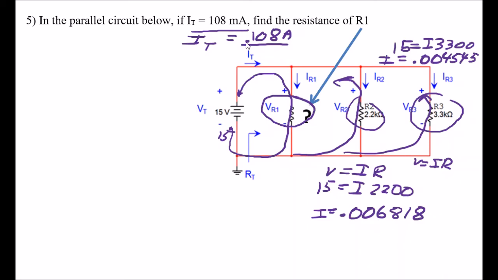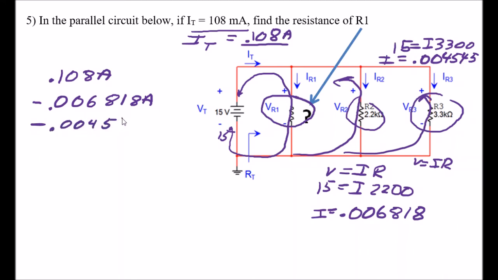So if I have 0.108 amps, and I subtract these other two guys, the current in the first guy, 0.006818 amps, and the current in the other branch, 0.004545 amps, I am left with a current of, and I'm putting this in my calculator, 0.096637 amps.